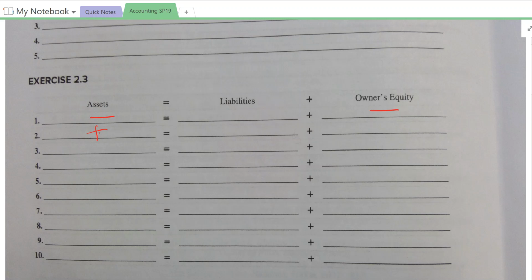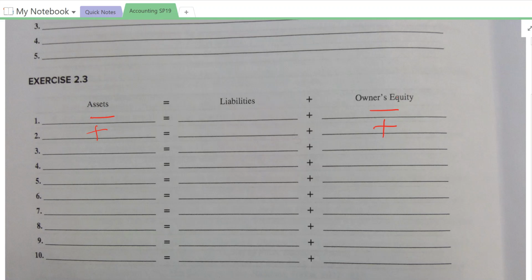So treat payments or services on account as an asset. And then the revenue is the other account that is affected, and that falls under owner's equity, and that is increased.